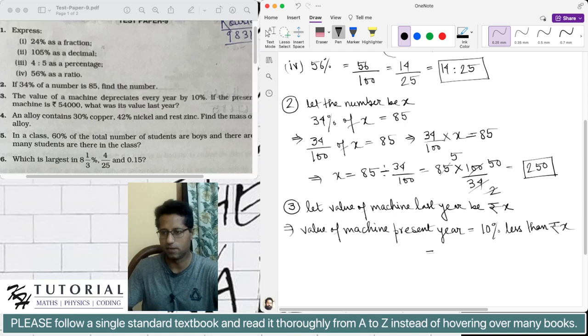Now 10% less than x means 100 minus 10% of x.